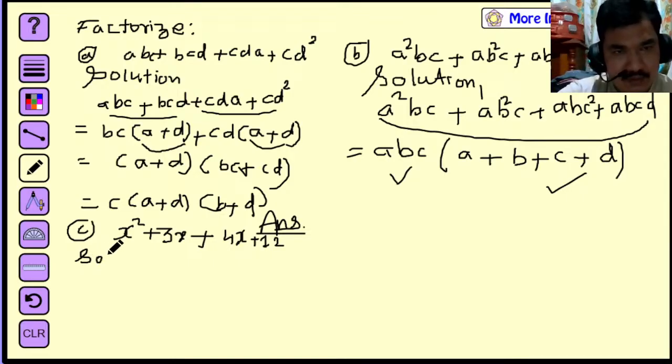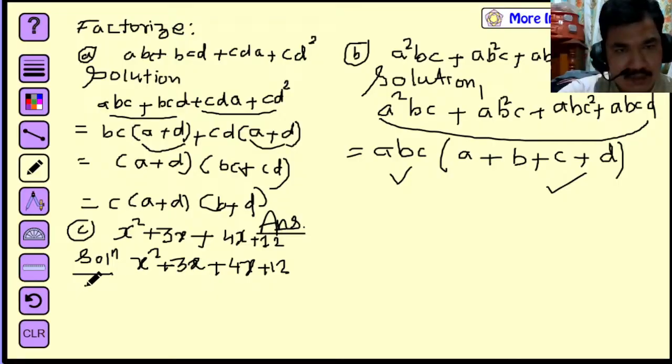Now the solution. x square plus 3x plus 4x plus 12. As I told you, with four terms, let's take common from these two. x common, then here remaining x, and from the second term 3 remaining, so x plus 3.